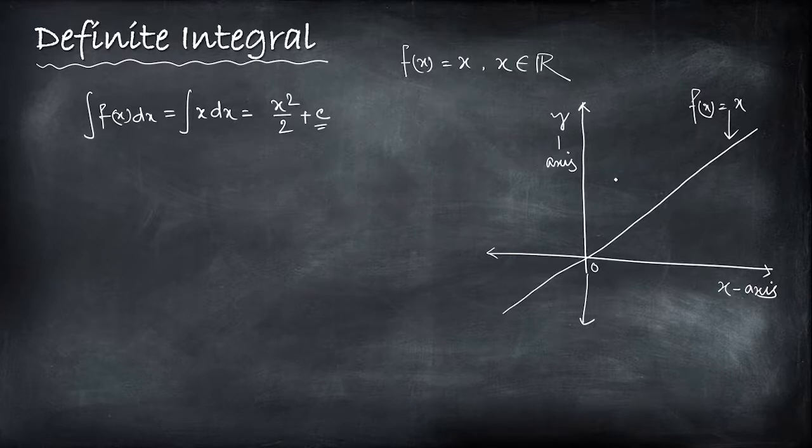And now we consider a definite integral. Definite integral is a special form of indefinite integral which is bound to a region by two limits. Here the lower limit is a and upper limit is b, and we consider here a equals 2 and b equals 5.